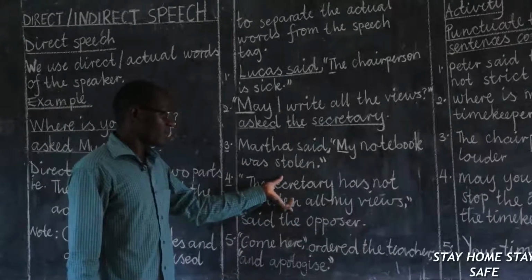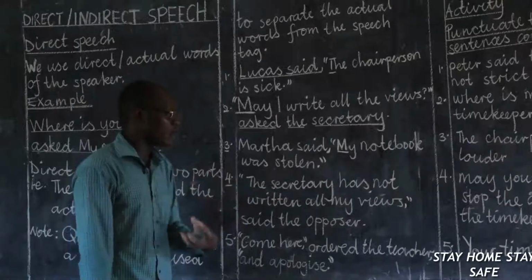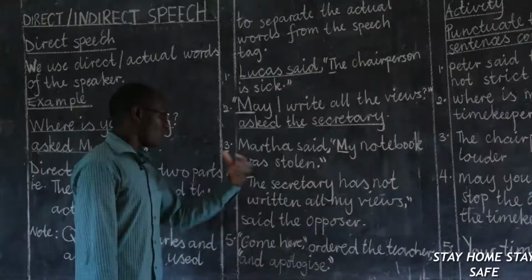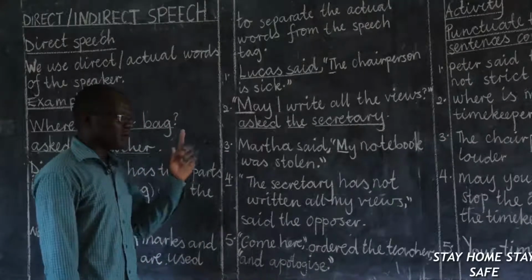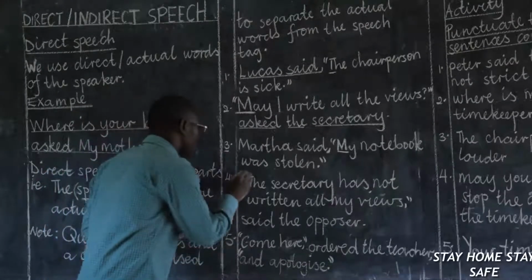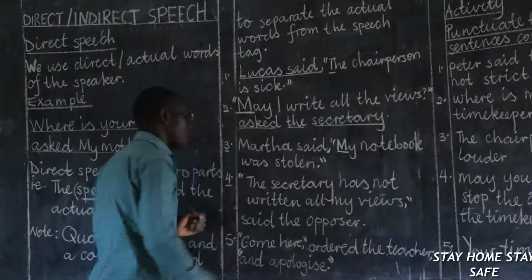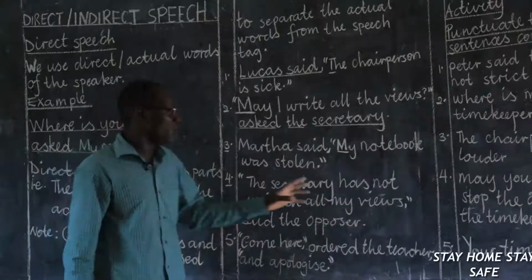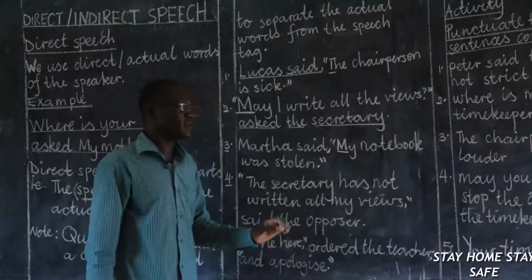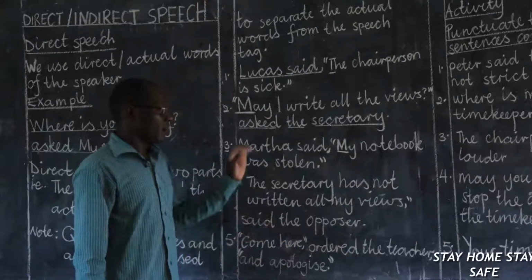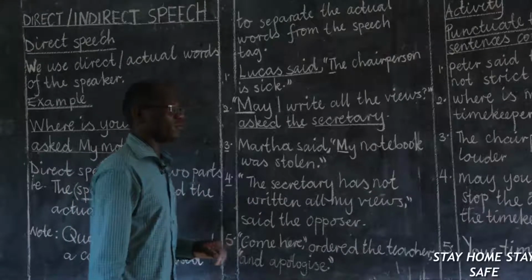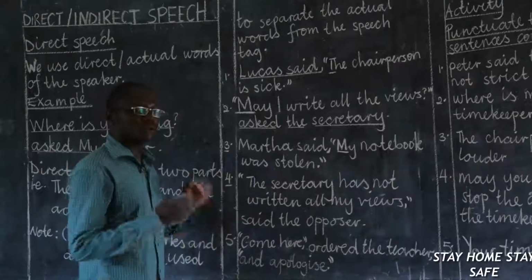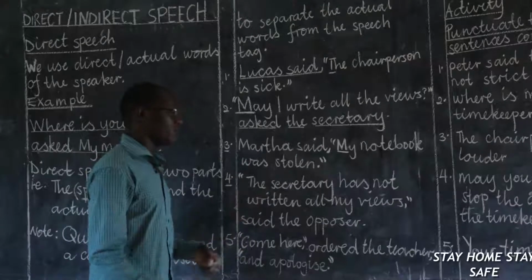Then later we shall use our own words to express what the opposer said. Remember, you need to open the quotation marks and put in all what the opposer said, complete the statement, and then you bring out your own words to express what the opposer said.